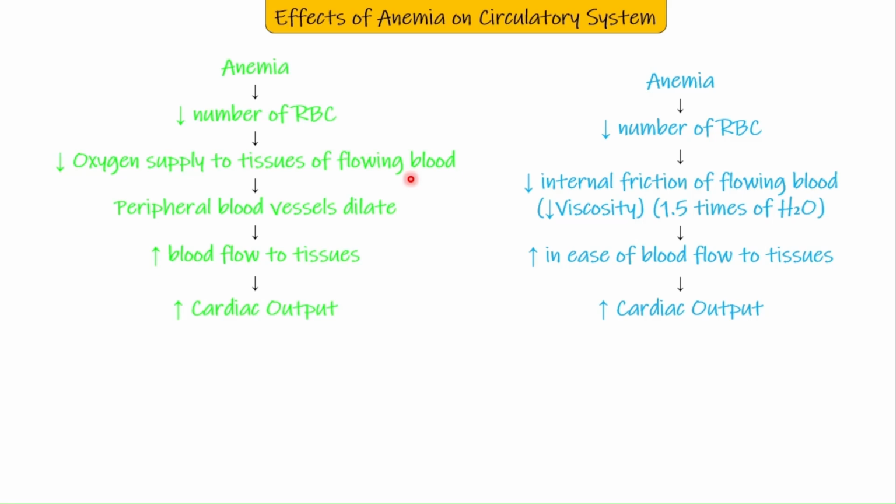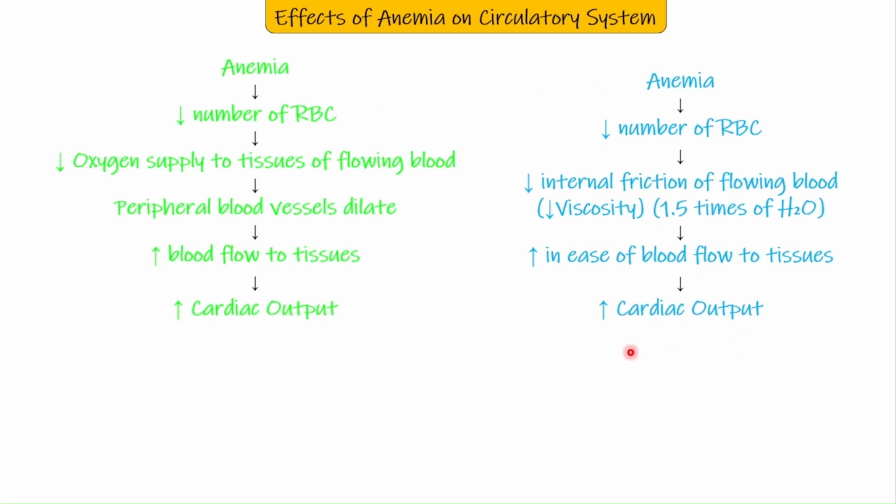Whenever less oxygen is supplied to the tissues, it results in dilation of peripheral blood vessels in those tissues. Whenever the blood vessels are dilated, it results in increased flow of blood to the tissues. And in order to keep the increased flow of blood to the tissues, cardiac output has to increase. So by this mechanism, cardiac output is also increased in anemia.